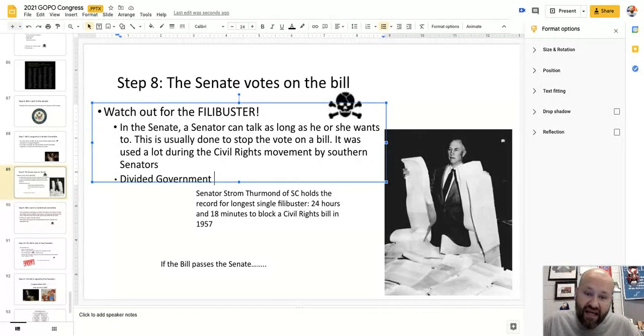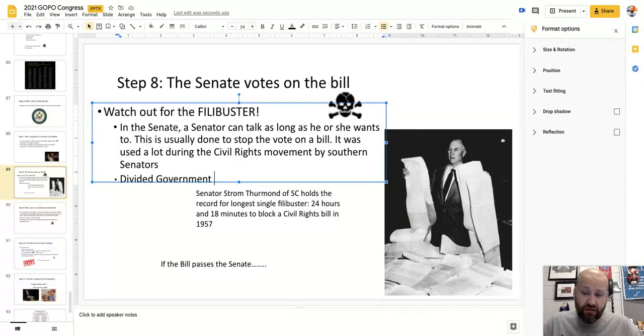And we got to get all three of them, President, Senate, House, on the same page. But since Nixon in the 60s and 70s, for the most part, we've not had a Republican president, Republican House, Republican Senate, or vice versa. Okay, and what that means is not a lot gets done.